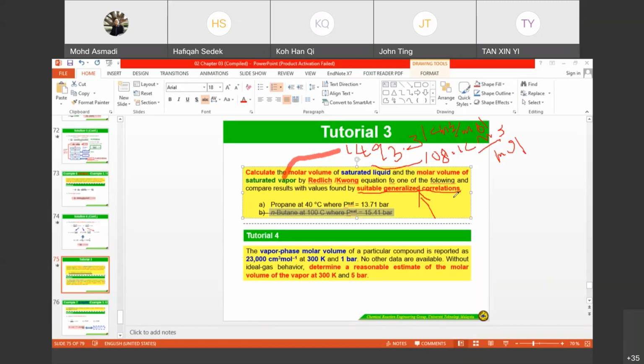Megat Alimi. Yes, okay. What equation can we use, the suitable generalized correlation to calculate in the liquid phase, saturated liquid? Is it compressibility factor? Which one? For propane, cannot use. Saturated liquid.